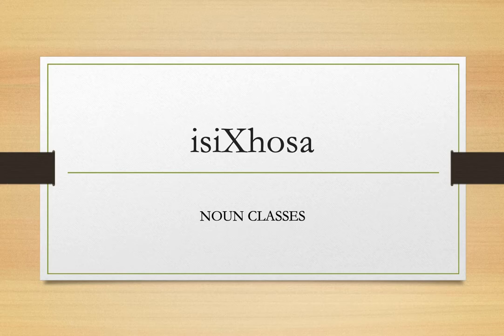So I hope that by the end of this video you will come to realize that they are not as complicated and unlearnable as they may seem, but that they are quite intuitive and that they are what make Xhosa and Zulu so smooth and so beautiful in sound, due to the alliteration that these noun classes provide.